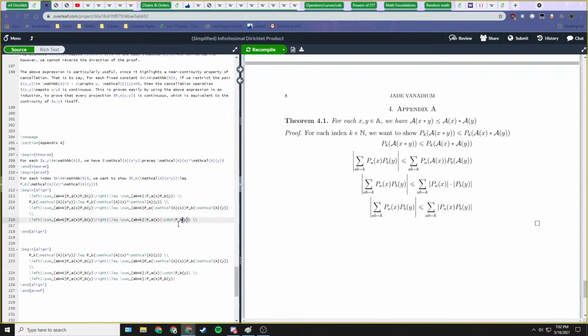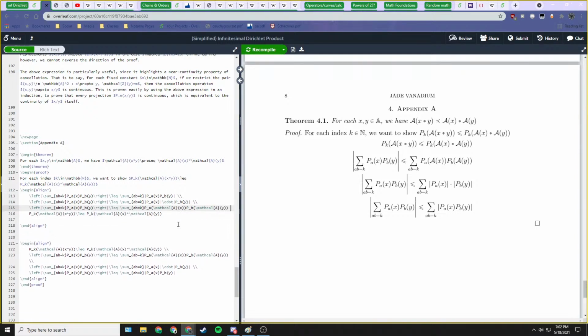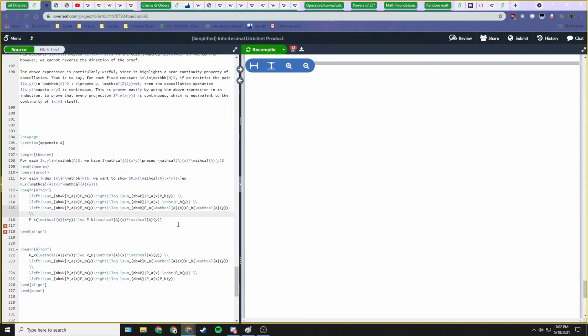This one is the first, this one is the second, this one will be the third, and the last one is what's left. Hopefully I did that in the right order.